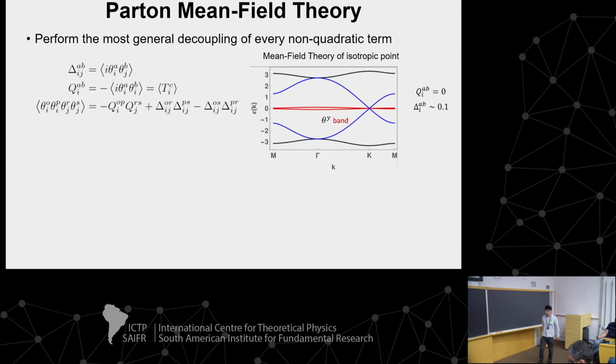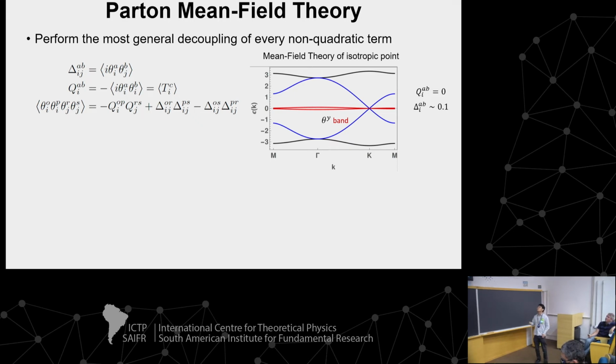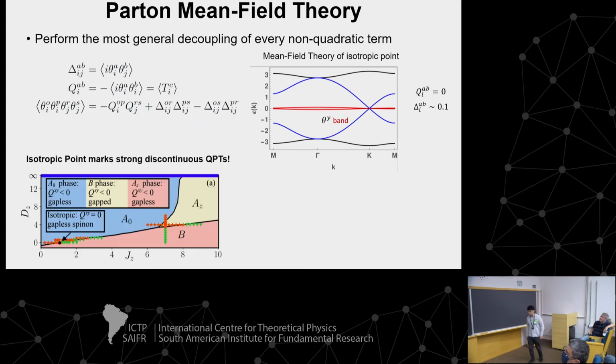Now, when we do the mean field approximation, it turns out that all of these quadrupolar order parameters are 0, and this delta has some small values of order 0.1, which leads to small corrections, the small dispersion of the flat bands. In particular, it explains the low energy excitations that were observed by the Toronto group, because we now see that there are almost 0 energy excitations on this theta y flat band.